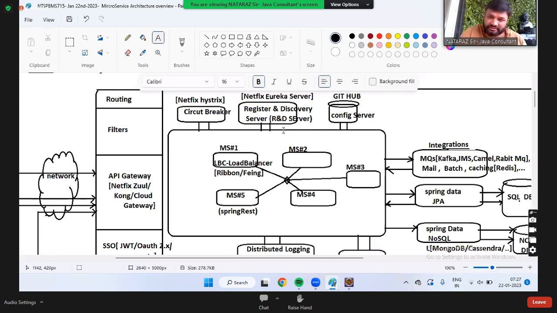All these microservices will be registered in the Eureka server for discovery. Convinced, my dear? So that each microservice can locate other microservices and can initiate the communication.